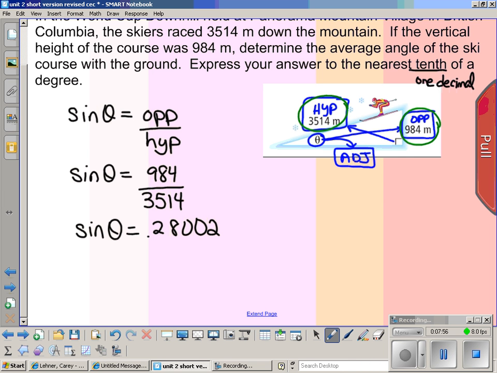Remember, when you're looking for the angle measure, you are using second function sine. So we're using our second sine combination. And we will find our angle measure to the nearest tenth, so 1 decimal place, is going to be 16.3 degrees. So that is the angle for that diagram.